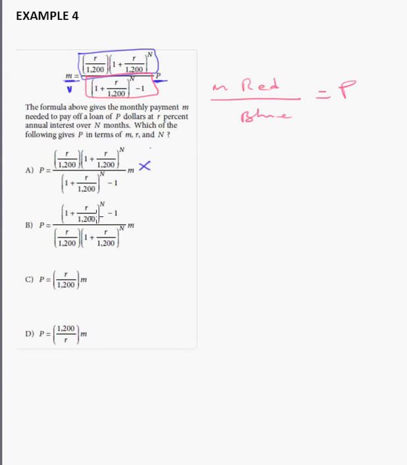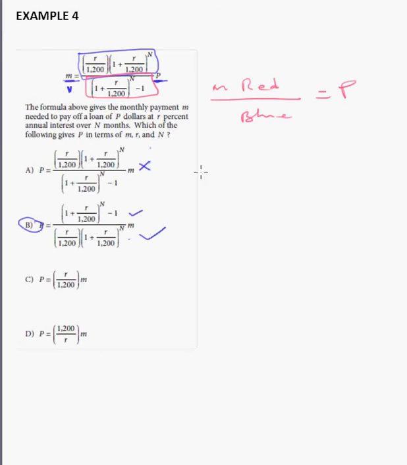There should be a minus 1 right there. So it appeared this is my red: 1 plus R over 1200 to the power N, minus 1. So this is my red. And then my blue is this. So obviously, as you can tell, B here seems to be the best choice.